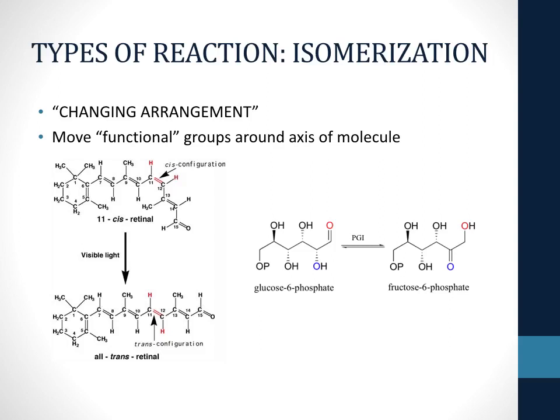I'm either going from a cis orientation to a trans orientation, same side, opposite side, or I'm moving where a functional group happens to be. In isomerization, we don't change the actual molecule. We simply change how the molecule is arranged.